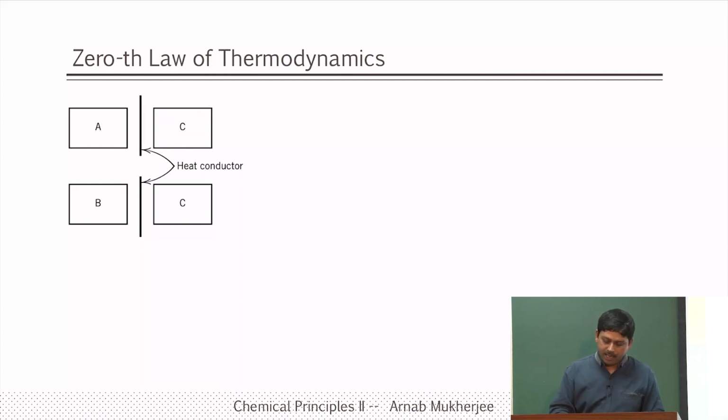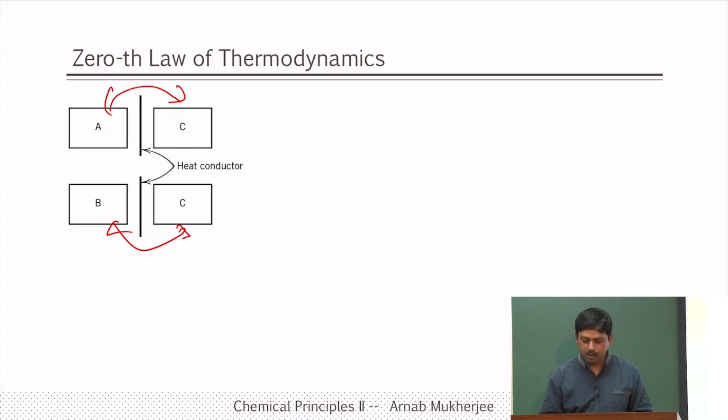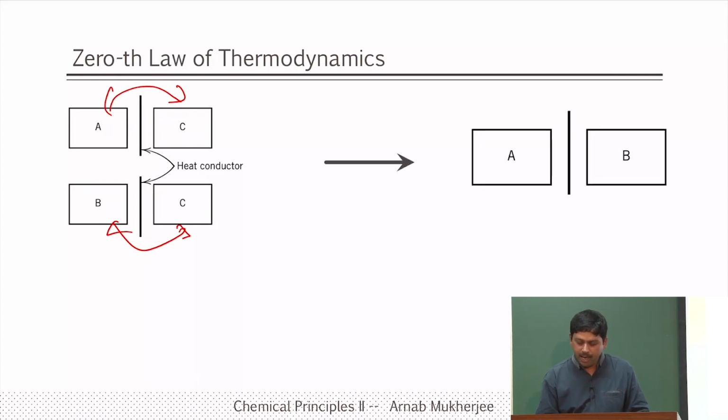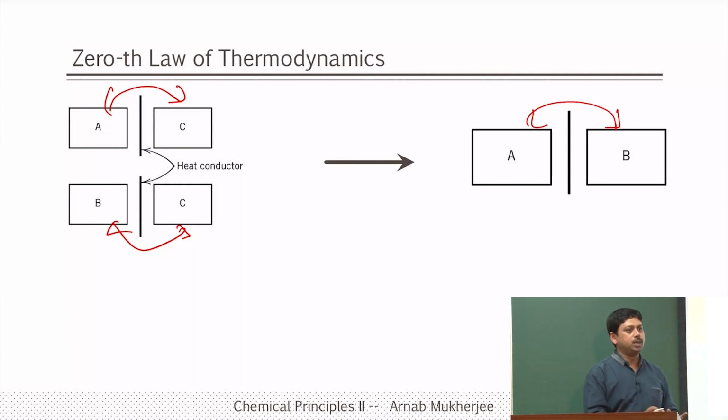The zeroth law of thermodynamics says that if two quantities A and C are in thermal equilibrium with each other, and B and C are also in thermal equilibrium with each other, then A and B, without being in contact with each other, will be in thermal equilibrium.